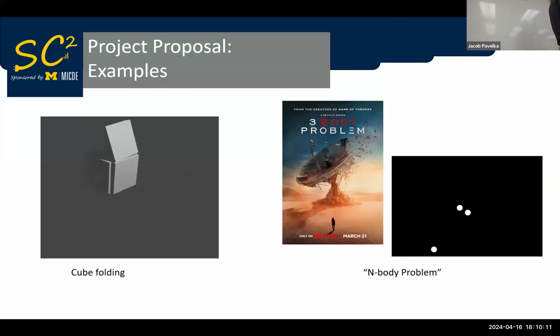Something that would be really cool is there's a new show that's come out based off of the books called The Three-Body Problem, where essentially they're trying to simulate a planet's orbit around three different suns, and it's a really challenging problem for the civilization.